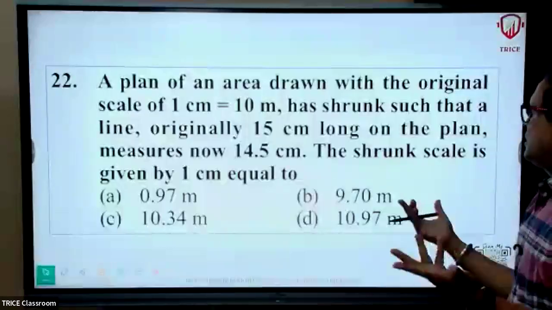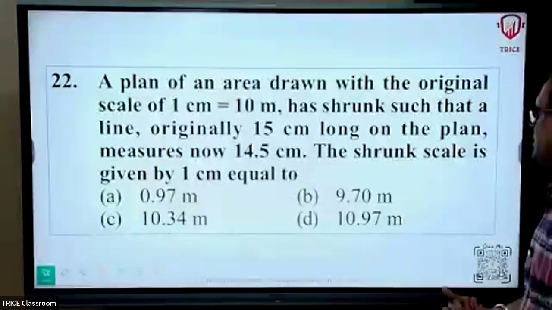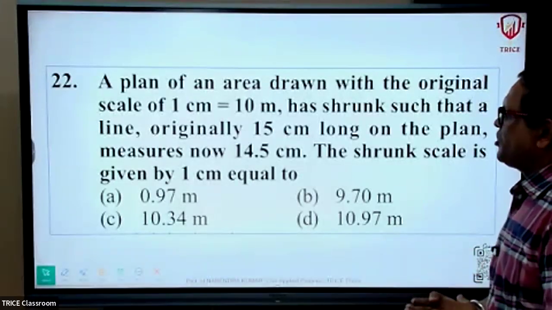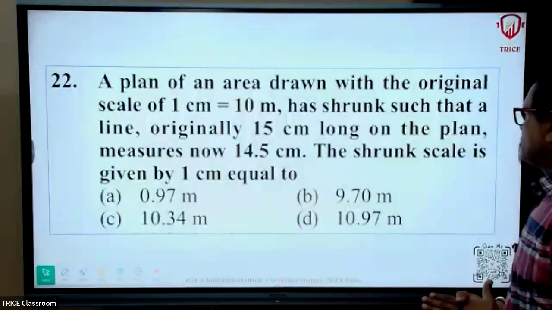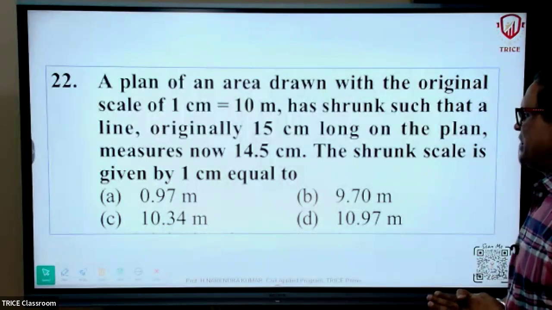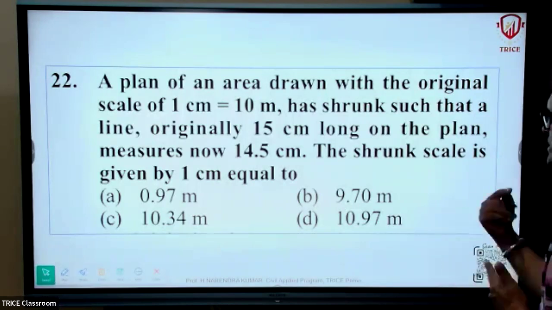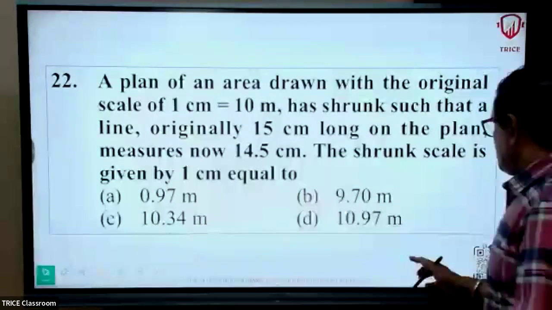So the plan which was created long back, now they opened up, and when they checked, 15 centimeter long on the plan now measures only 14.5 centimeter. So we need to calculate what the shrunk scale is, given by 1 centimeter equal to what. That is our responsibility, to calculate the shrunk scale.